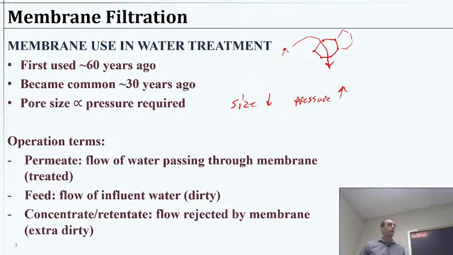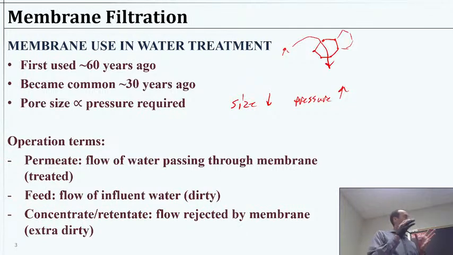So then we have the feed. That's pretty obvious. It's whatever we're applying to the membrane, and we would expect that's going to be the dirty stuff that needs to be treated. Then we can have a third flow if we're operating in this continuous mode. I'll describe that a little more in a moment.